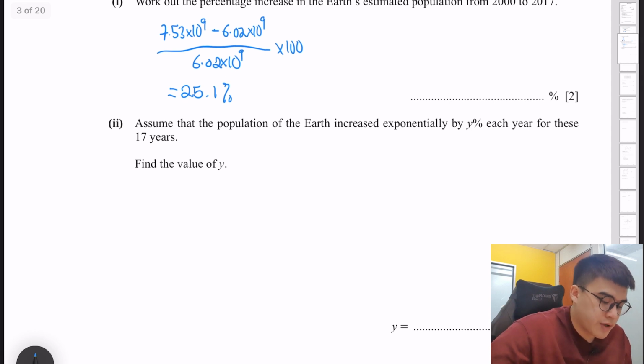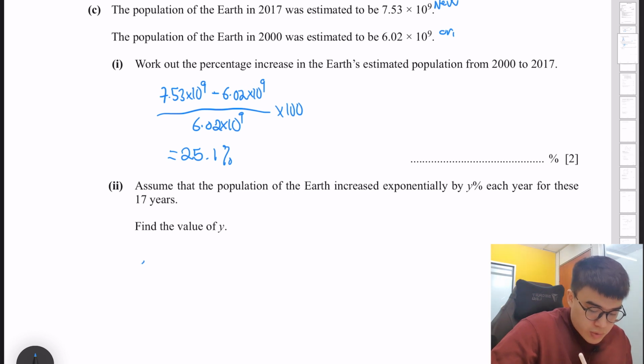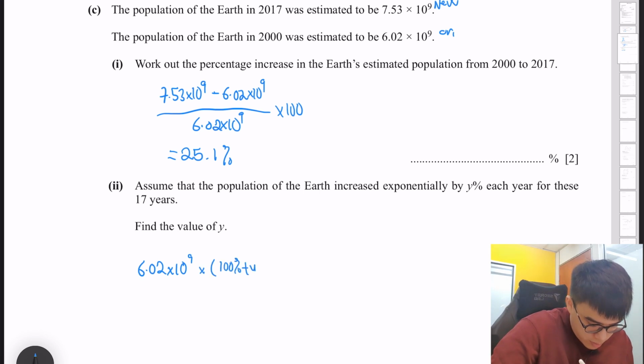Assume that the population of Earth increased exponentially each year over these 17 years. Assume the value of y. Based on what they gave us, we took 6.02 times 10 to the power of 9, multiplied by, to the power of 17.